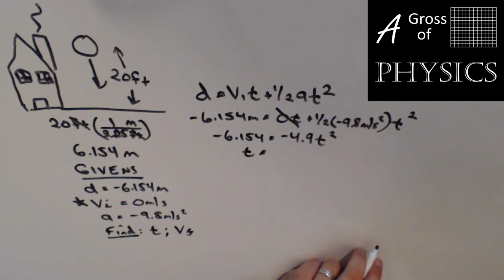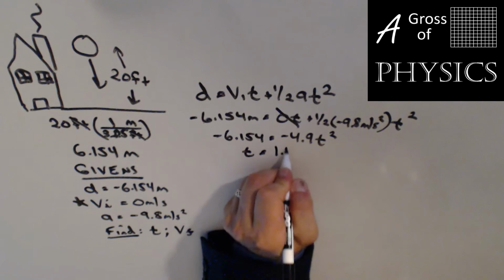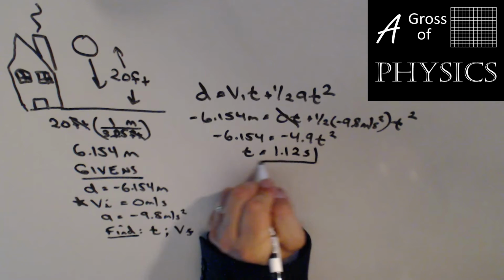I have the number still in my calculator, so I'm going to divide that by 4.9 since the negative signs will cancel. I have 1.255, which will be a choice because I forgot to take the square root, and I'll get 1.12 for my t when I do the square root.